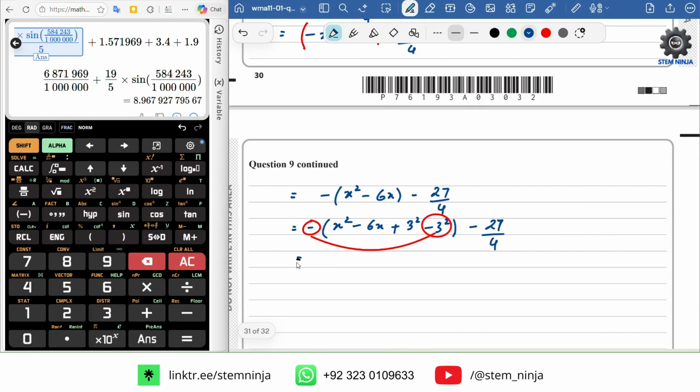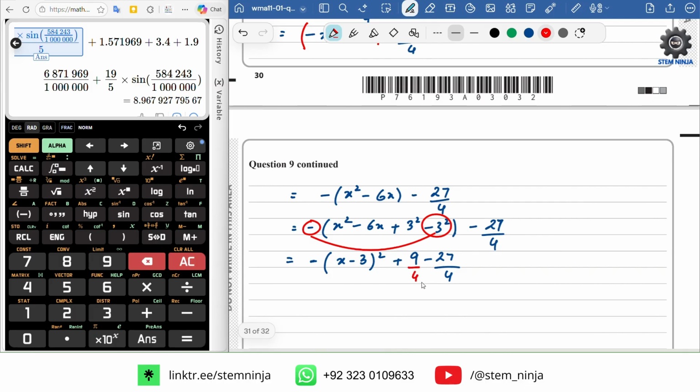So you will have minus x minus 3 whole squared minus minus, this will become plus 9 minus 27 over 4.